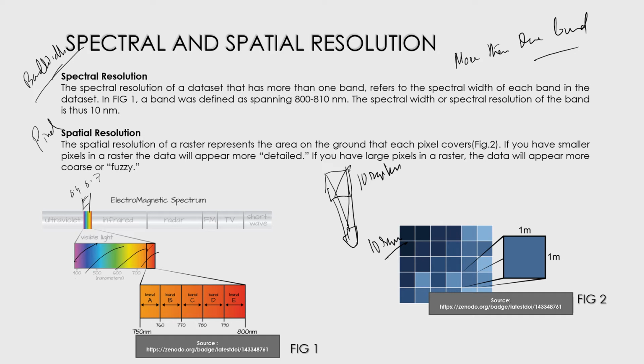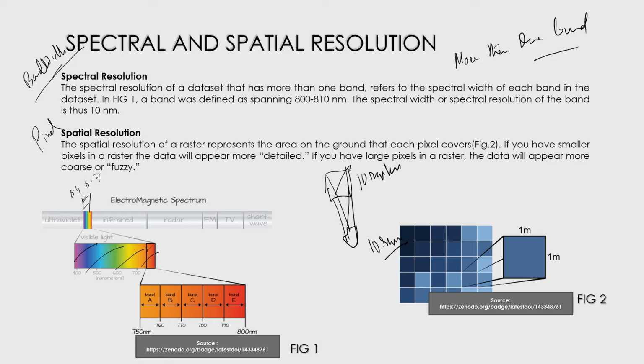So the definition is: the spatial resolution of a raster is the area of the ground covered by one pixel. So you can understand the area covered by each pixel. This is the difference. More the bandwidth, more is the spectral resolution.